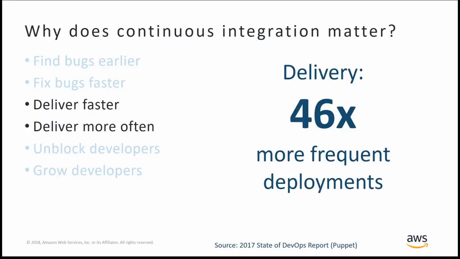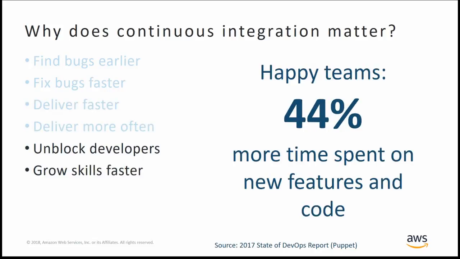So 46 times more frequent deployments. So what we're talking about for these teams is they go from deploying once a quarter, maybe once a week, down to hours. And the time that it takes for a particular change for a particular developer goes down from months or weeks down to hours.